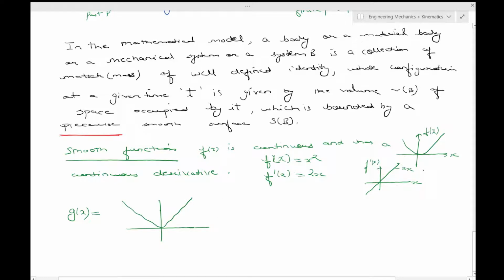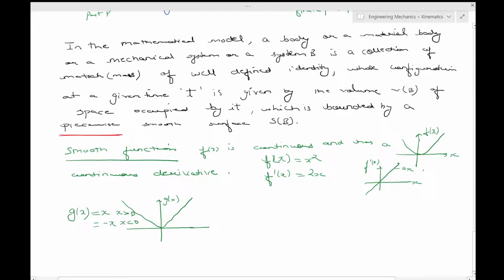So this is equal to x if x is greater than 0, and it is equal to minus x if x is smaller than 0. Okay, so it's clearly continuous. This function is continuous at x equal to 0.